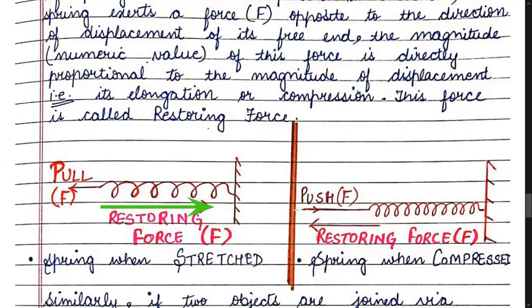When you are pushing it, the spring is compressed. So when you don't compress it further and don't apply the force, the restoring force acts outward such that the spring comes to its normal shape. So this is the force due to a spring.